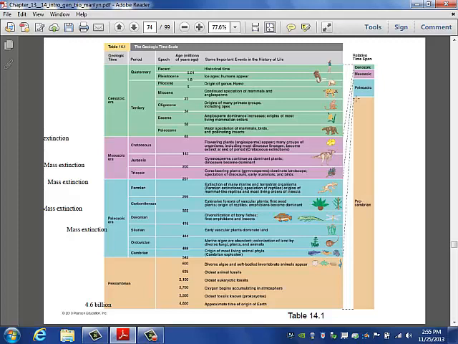So we seem to find certain organisms in certain pages of our geologic time scale. And we're able to tell some of the different mass extinctions during different time periods and look at the organisms that are left behind. So where's the youngest on here? Yeah, the top, and the oldest down here.